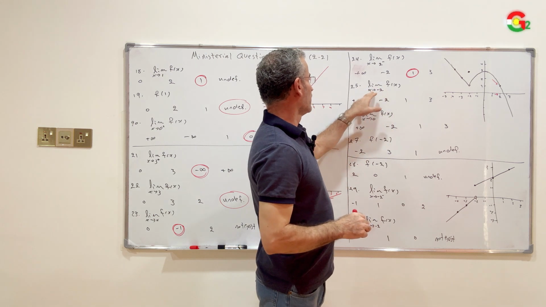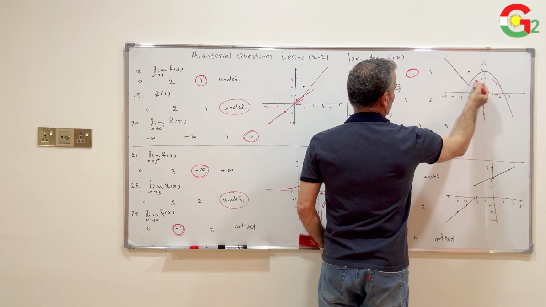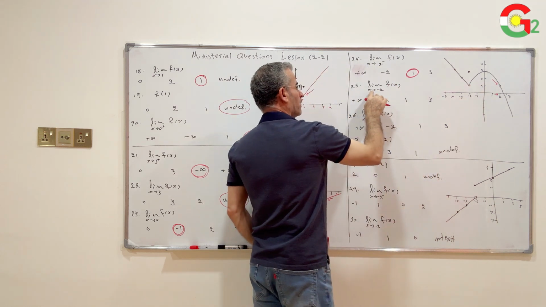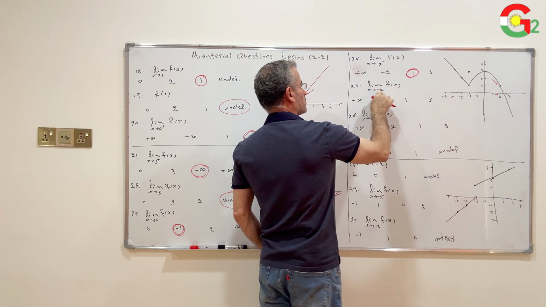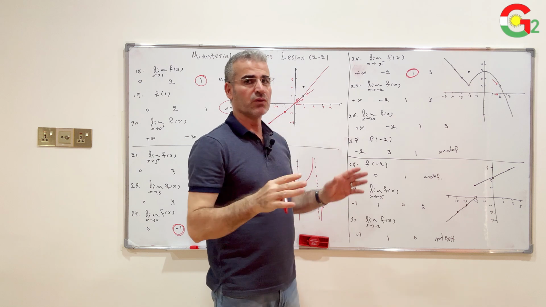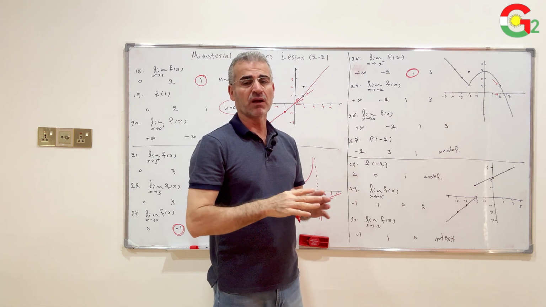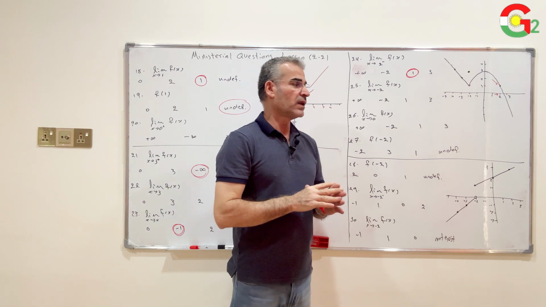Limit f of x when x approaches negative 2. This is negative 2. When the question asks to find the limit when x approaches a point in general, not from left or right, you should find it from left and right. If the limits are equal, then the limit exists.